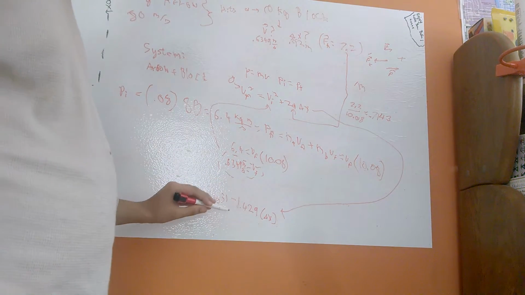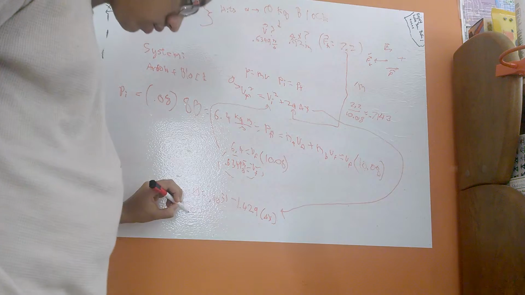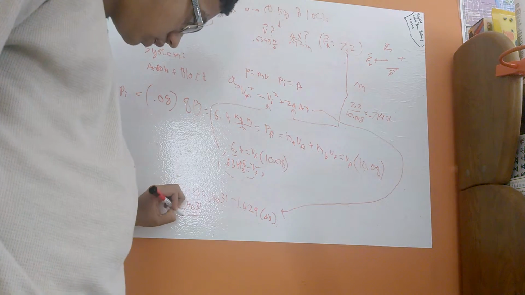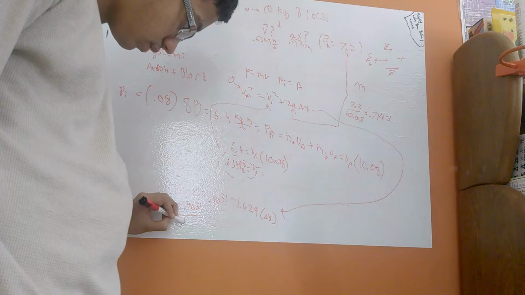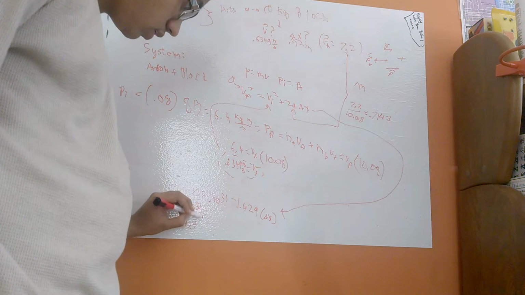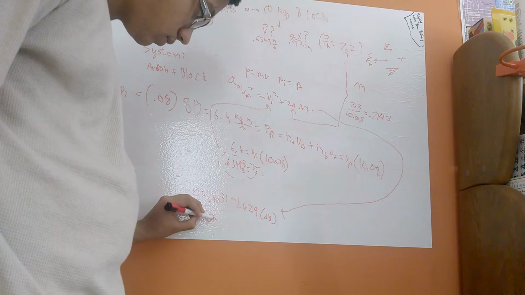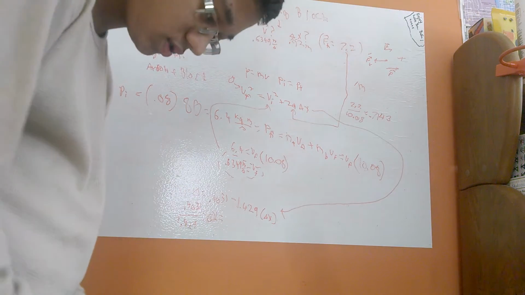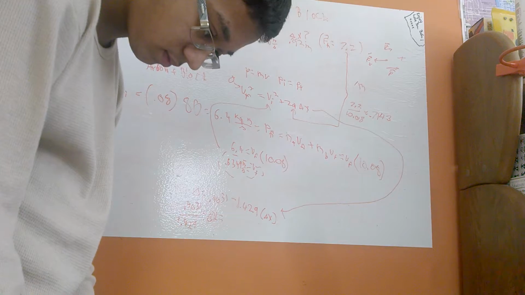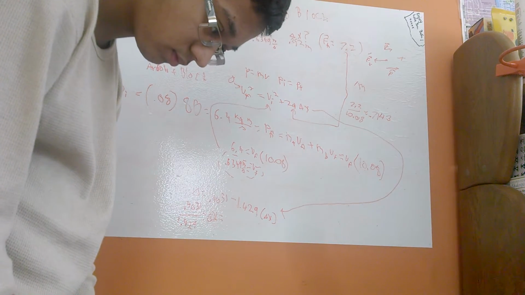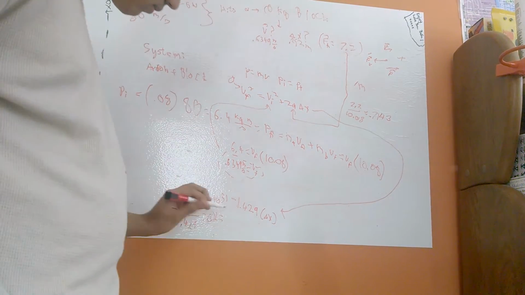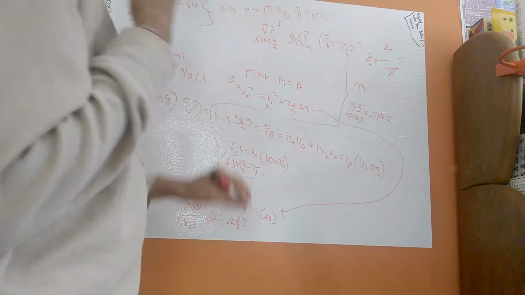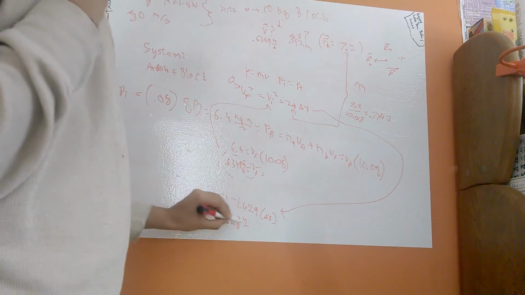So that's negative. So we get 0.4031 divided by 1.429. This is our change in position, which is 0.282. So our block almost moves a foot, 0.282 meters.